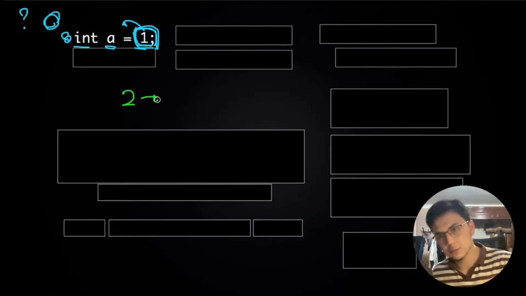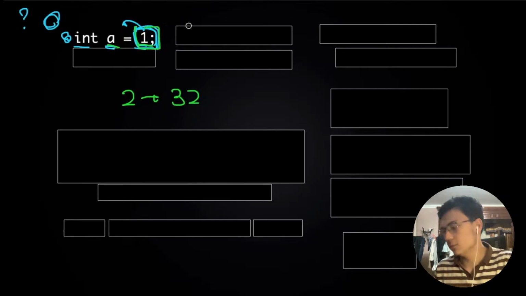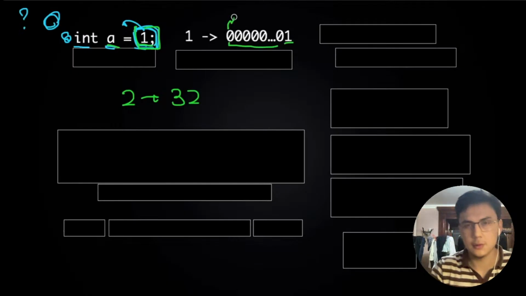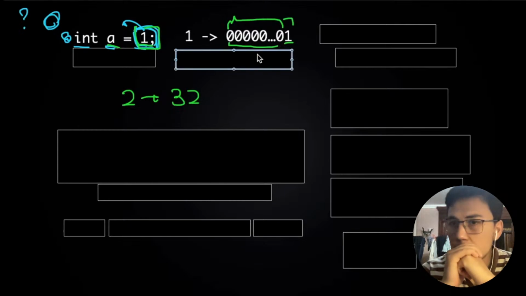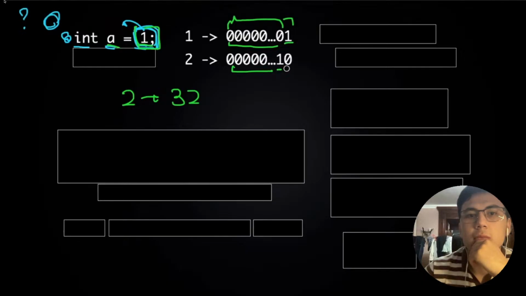The first one is that each integer, when it's stored on a computer, it's often expressed as 32 ones and zeros. So for example, the number 1 can be expressed as a bunch of zeros and then 1 at the end. Actually, that's 31 zeros and then 1 at the end. And the number 2 can be expressed as a bunch of zeros and then 1 and then 0 again. That's actually 30 zeros, 1 and then 1 0.